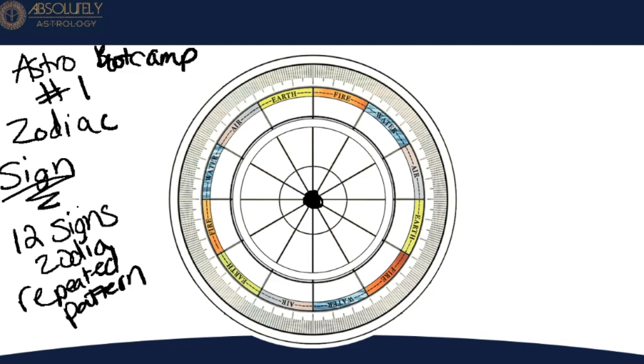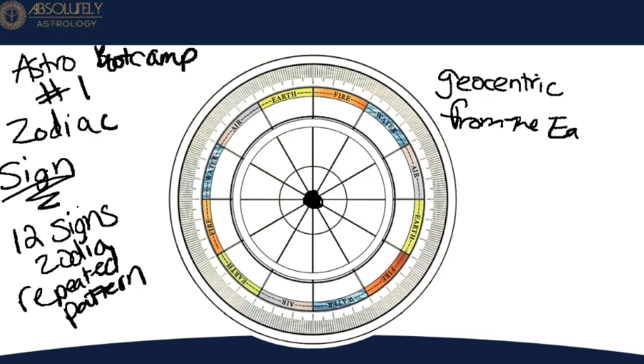And the Zodiac, and all of astrology for that matter, is geocentric, which means it's us looking out into the world, into the galaxy, into the universe, and interpreting planetary movement from the Earth perspective, okay? So this is really, really important as a foundational piece to understand.